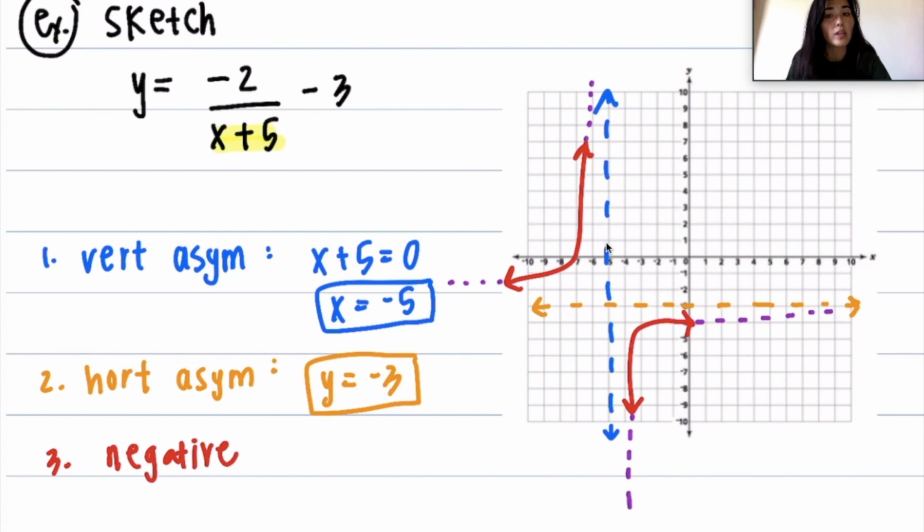So you would tell me that this graph has shifted to the left. Or horizontal asymptote. Instead of being here at 0, this graph has shifted down 3, so it shifted down 3. You might also talk about how this is a negative instead of a positive. So that's what it says in comparison. So in comparison to the parent function, how did this graph differ? So I would like you to do that.